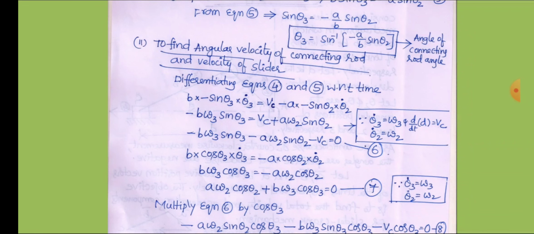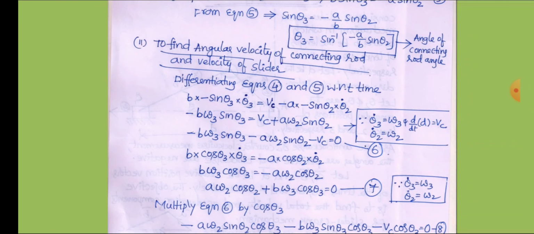That is equal to minus a as it is into sin theta 2, differentiation is plus cos theta 2 into d by dt of theta 2, that is theta 2 dash. Now b into theta 3 dash is nothing but, once again omega 3 I am substituting, into cos theta 3 is equal to minus a into, in place of theta 2 dash one can write omega 2. So therefore minus a omega 2 cos theta 2.